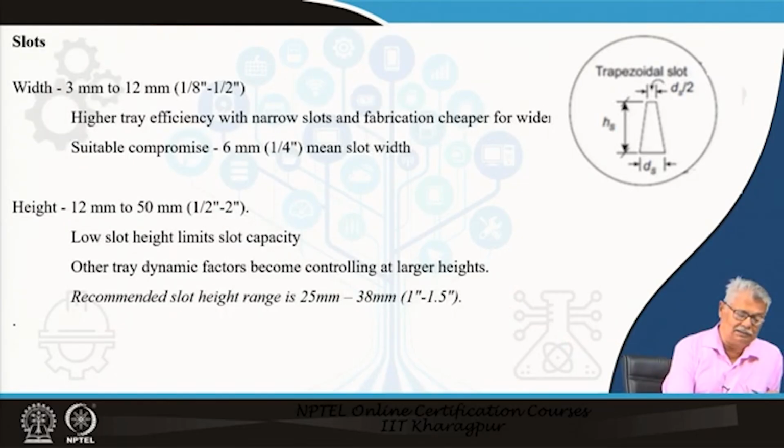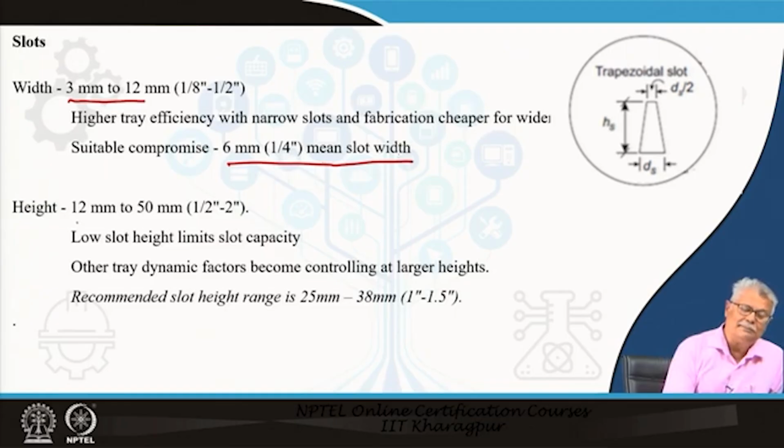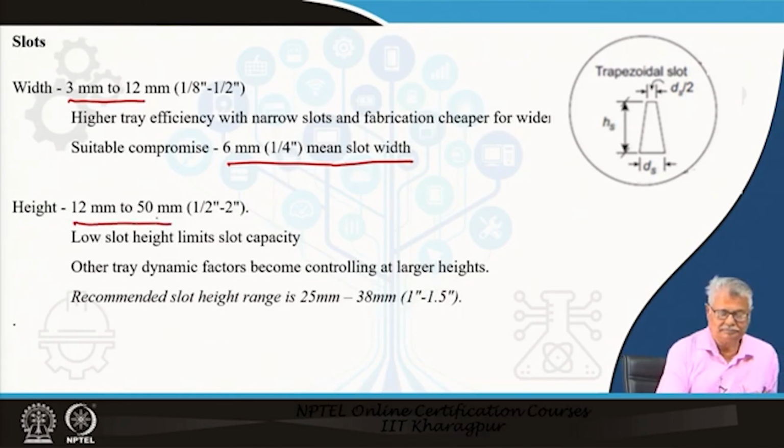The slot width will normally be 3 to 12 millimeters wide. The suitable compromise is a 6 millimeter mean slot width. The height of the slot can vary depending on the size of the cap from 12 to 50 millimeters.